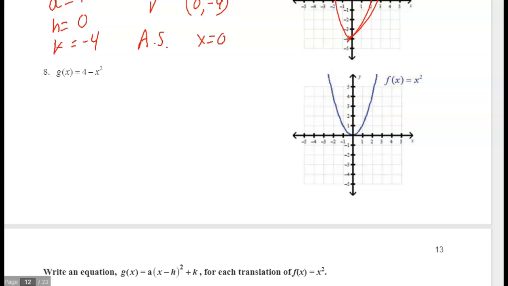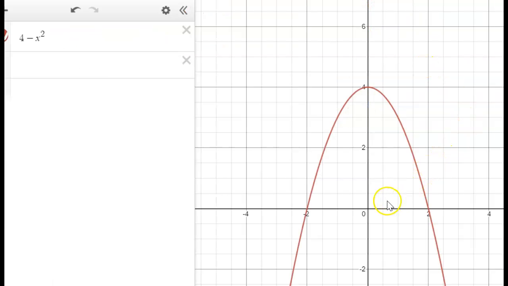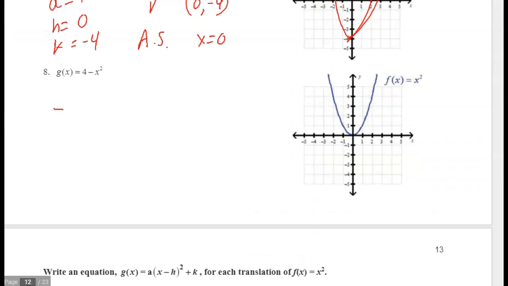And the last one, I'm just going to explain what's going on and then be done. 4 minus x squared, that doesn't look like some of the other ones we did. But when you come over here and you put it in, this is what it looks like. Why does it look like that? Well, really what it should have been written in is like this, -x squared plus 4.